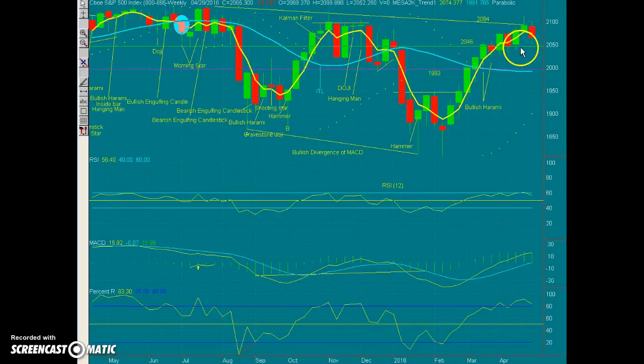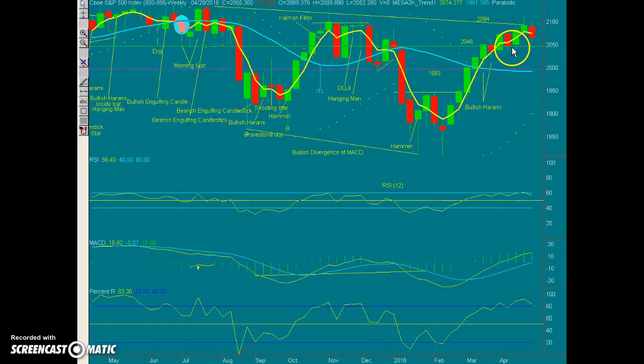Now we got caught between a resistance line here, which is this trend line that was drawn from a previous high over here to this high to this level here. And so we're caught now between this resistance line and this possible support line at 2046. We closed at, what do we close at? 2065, which is at this level here.